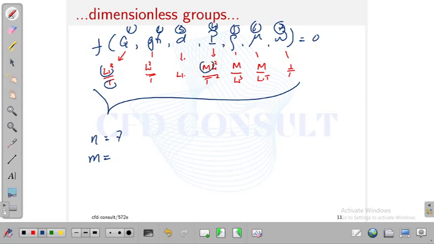There are no other dimensions involved. So m is equal to 3. So the number of dimensionless groups is n minus m, which is 7 minus 3. So that will give us 4 dimensionless groups that we should expect when we carry out Buckingham's theorem on this analysis.